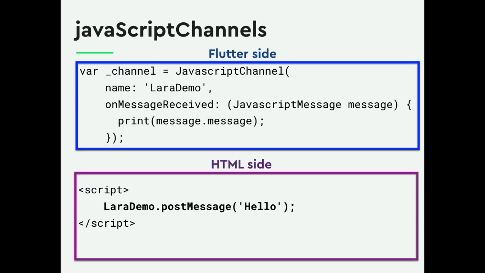Now on the JavaScript side, you just have to call Lara Demo, invoke the method postMessage, and send a string. For now, you can only send a string. That's it. Once you open the website that contains this script, and this script is run, this message is going to be received by the Flutter side, so it's going to print that message.